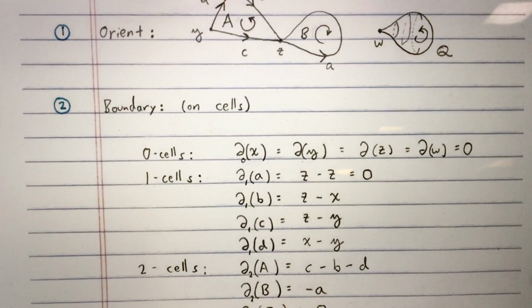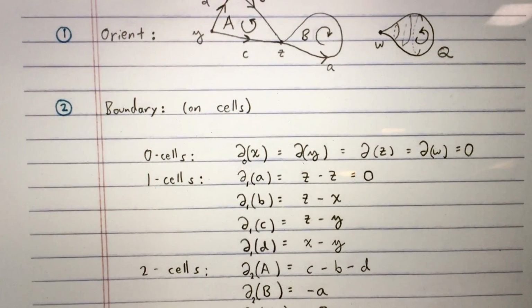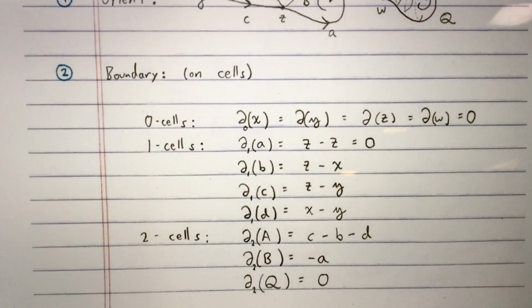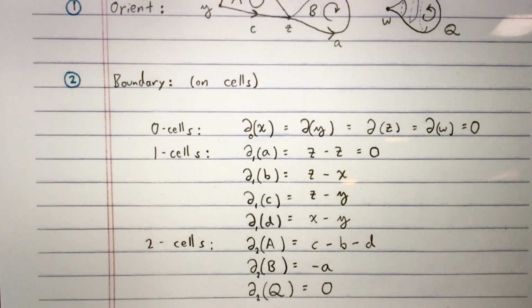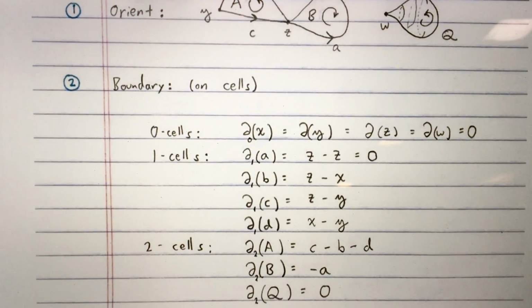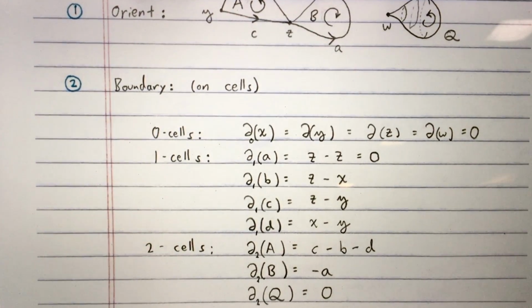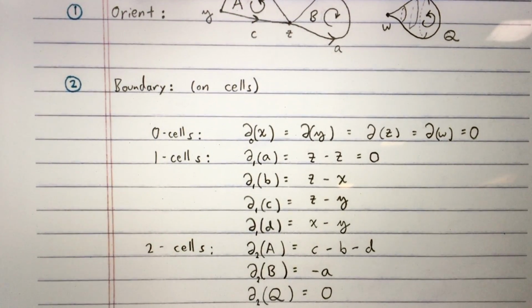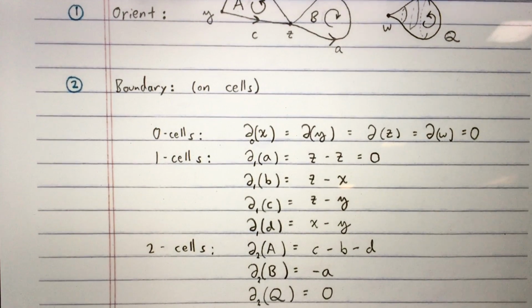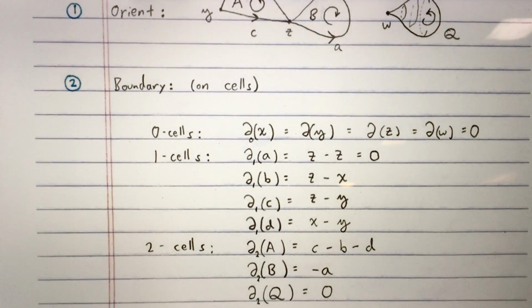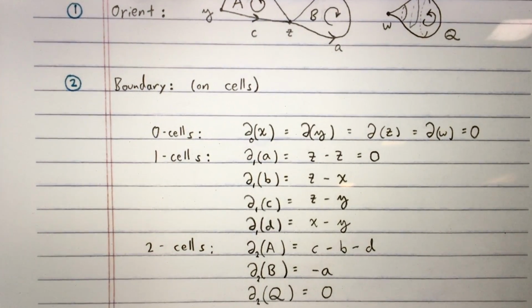And now Q, I chose counterclockwise. And its boundary, it would look like, is just the 0-cell W. But its entire boundary is there, so it gets a boundary of 0. You can argue that two ways. One is that the boundary should always just be one dimension down.